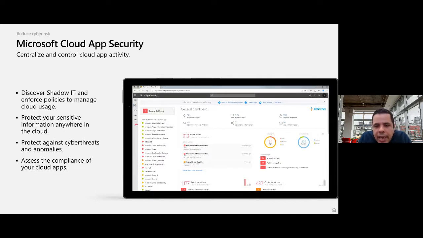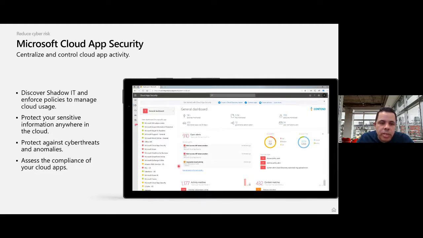Cloud App Security natively integrates with leading Microsoft solutions. It's designed with security professionals in mind and provides simple deployment, centralized management, and innovative automation capabilities. It's able to identify cloud apps and services used by your organizations.